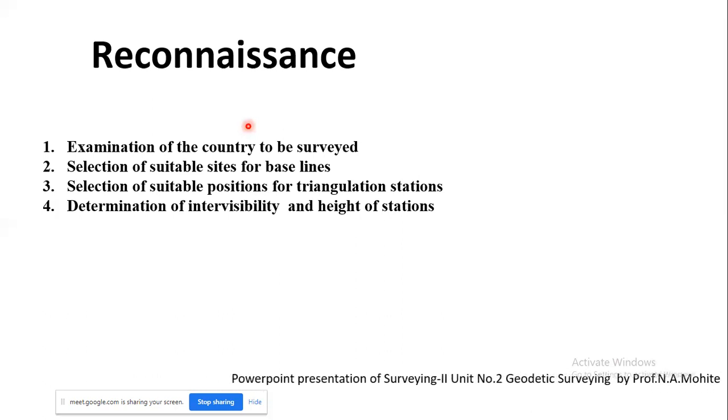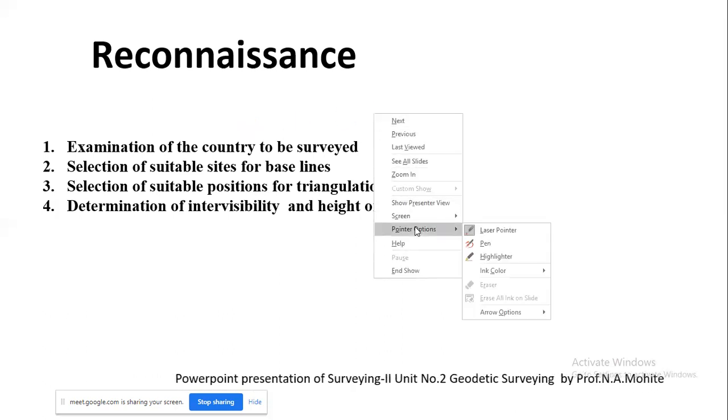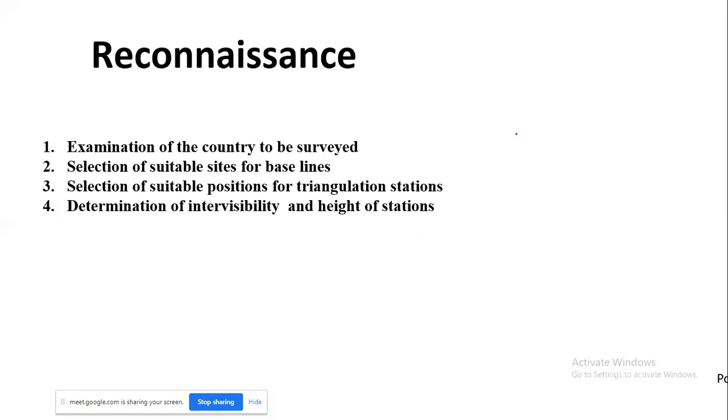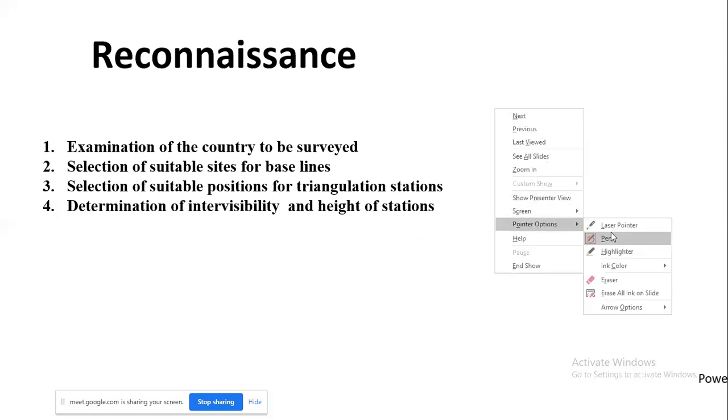So what does intervisibility mean? Just take an example.